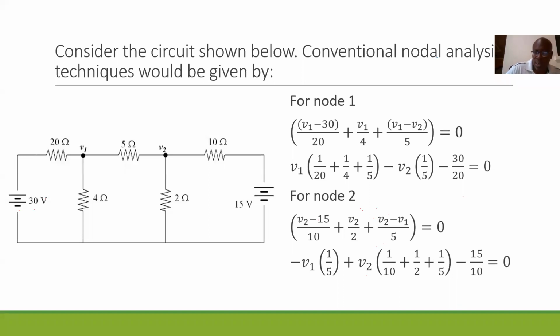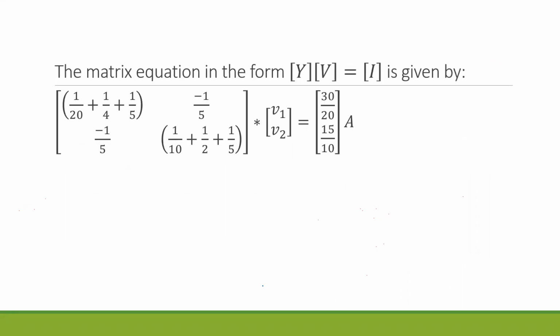From these equations, we can write the matrix showing our admittances, which of course would be the reciprocal of our impedances. We can write the matrix expression. So this would be our admittance matrix, Y times V to give us I.